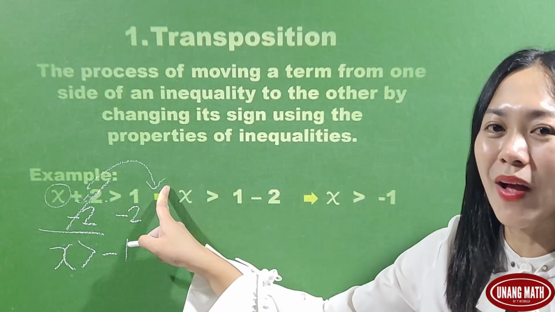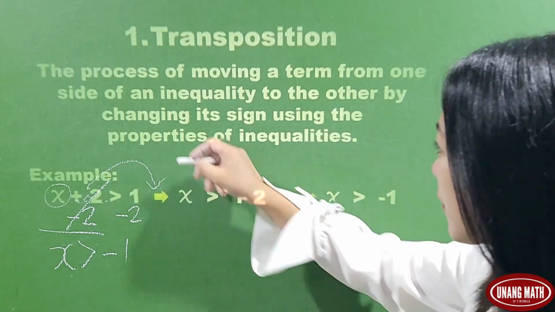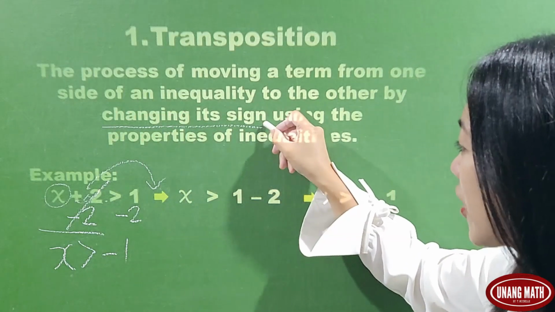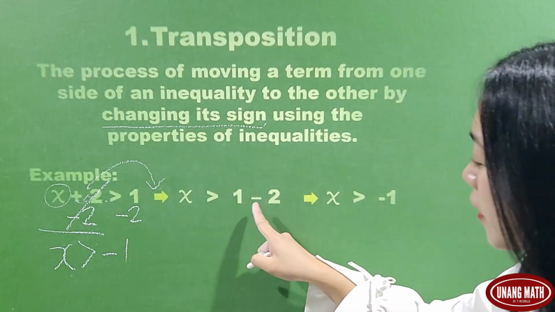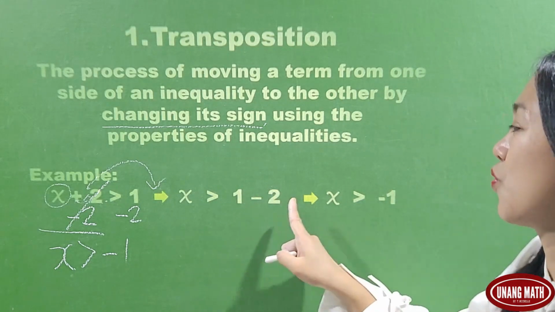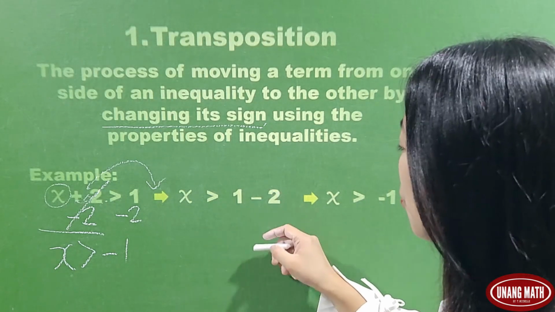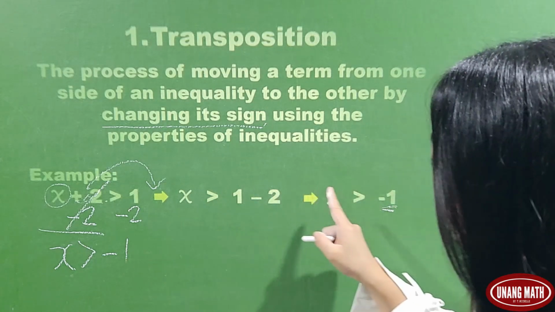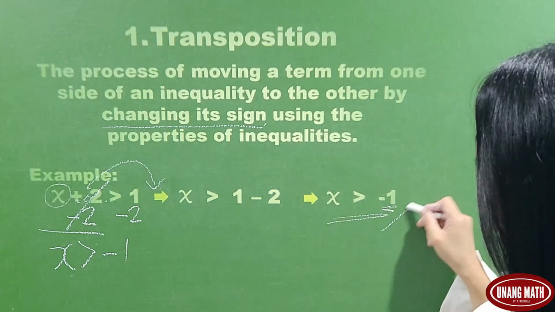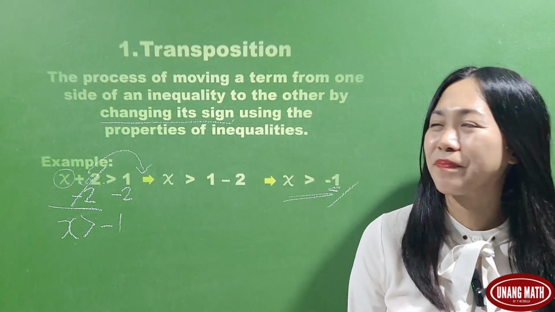And if we move one term from one side to the other side, the sign will change. This is positive 2 or plus 2. If we move it to the other side, it becomes minus 2. So we have here 1 minus 2, and that's equal to negative 1. So x is greater than negative 1.